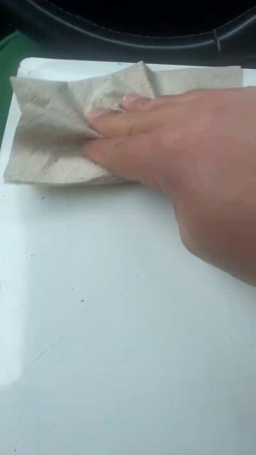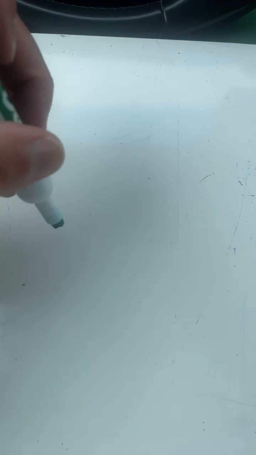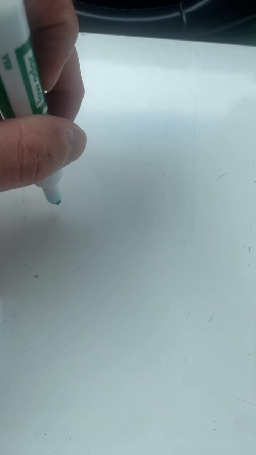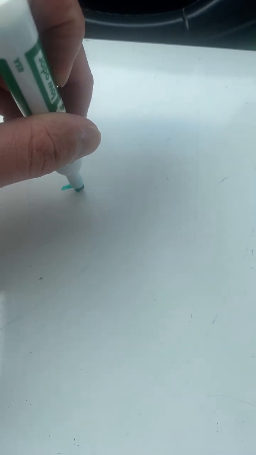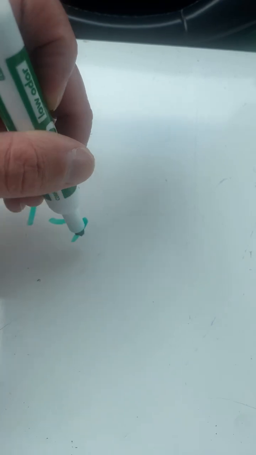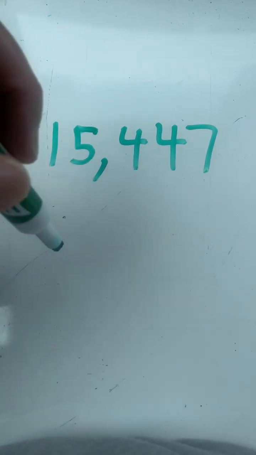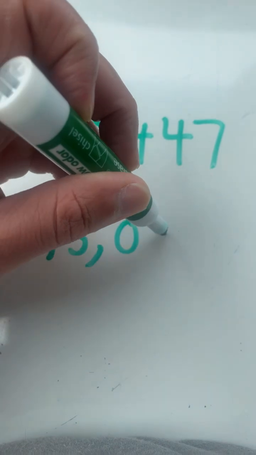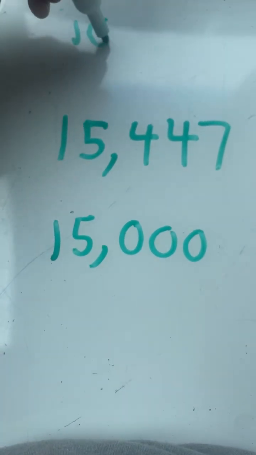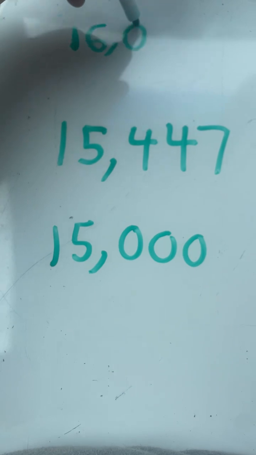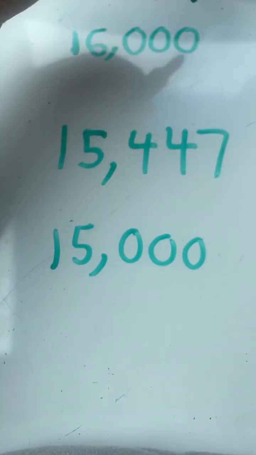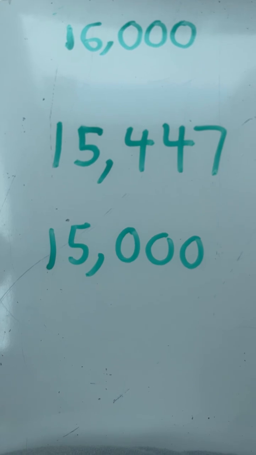I think for the next example, I'm going to have the people tuning in participate. I'm going to ask them to put their answer in the chat. 15,447 is in between 15,000 and 16,000. Put a 2 in the chat if we round up to 16,000.